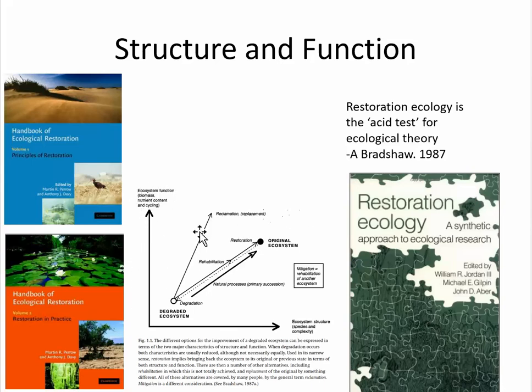A degraded system has a reduced function and a simplified structure, and through the process of primary succession, you move along this trajectory to some sort of intact or original ecosystem after it's been degraded and disturbed, and the act of restoration is pushing sites along that boundary.